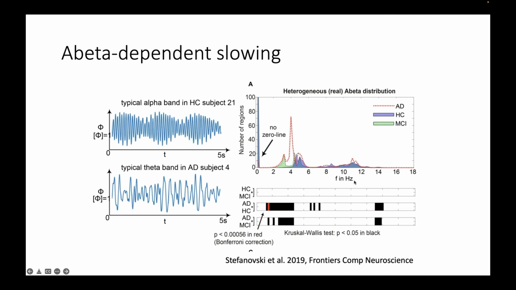You can see here especially this peak at about 4 Hertz, on the border between theta and delta, in EEG and also in local field potentials, which appeared in the Alzheimer's group and did not take place in the healthy controls or in the MCI group. Important to know, this is simulated electrophysiological data, so the only heterogeneous factor was the amyloid PET that was injected. Just because of the hyperexcitation, this led to slowing.